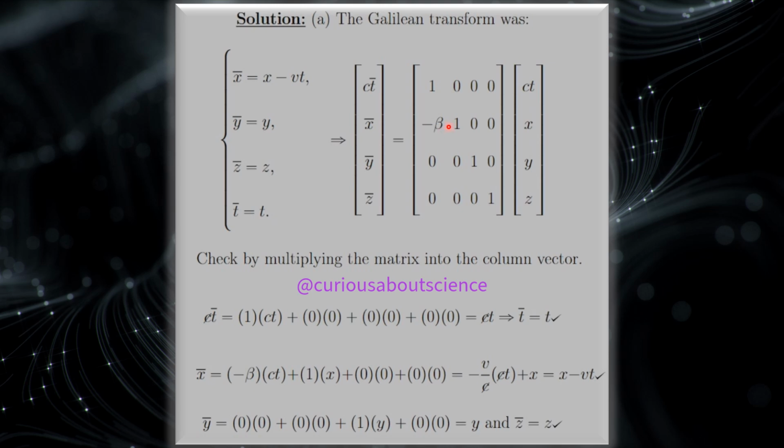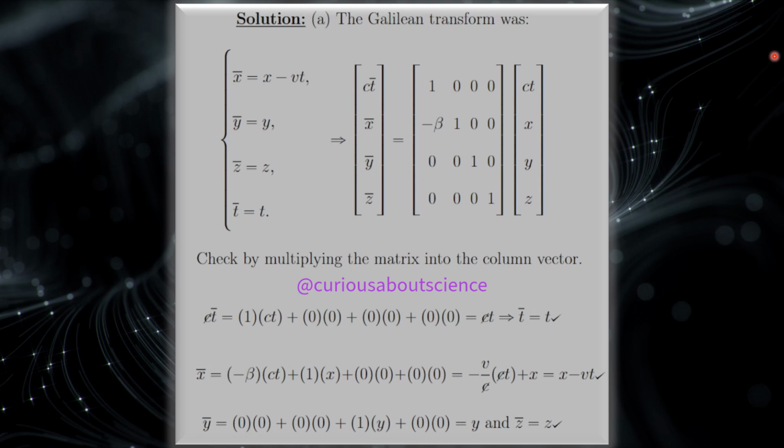So we need a negative beta, a 1, and a 0 in the second row here, because taking this, multiplying into this, gives us negative beta times ct plus 1 times x, and then all these components are 0. And we see that negative beta times ct, the c's cancel, and we're left with negative vt. And in here, we have negative vt. And then we have plus x, so we have the x there, so check. And notice that our main diagonal just gives us back the coordinates that we want.